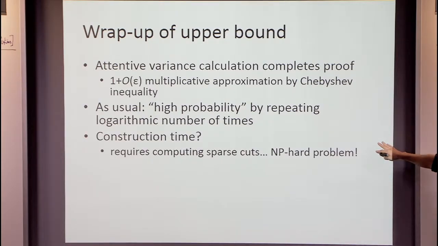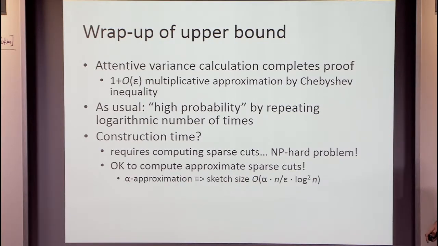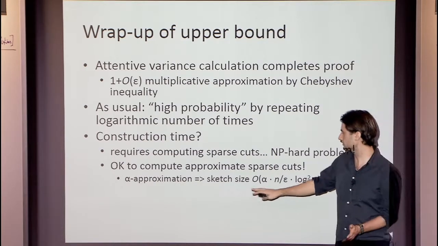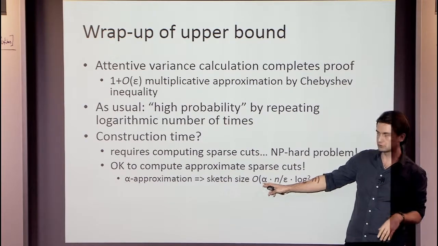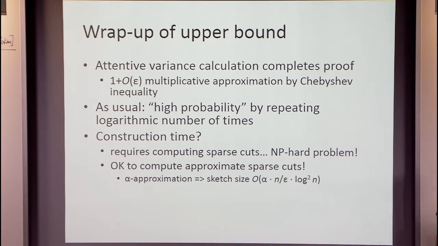So one note that I should mention is that in the construction we use sparse cuts. It looks like preprocessing should be exponential time because we're solving a hard problem. The cool part here is that it is one of these nice situations where doing approximation is actually okay, because it will translate into the size. So if we do an alpha approximation for sparse cuts, then this loss of alpha will just go into the size.